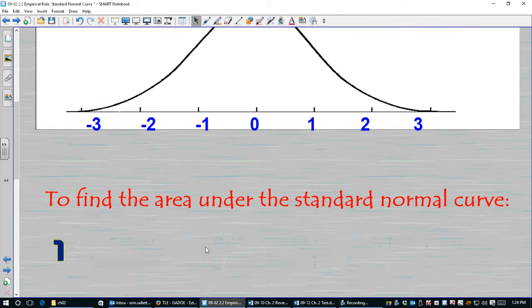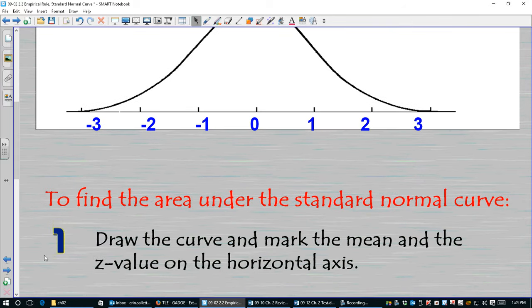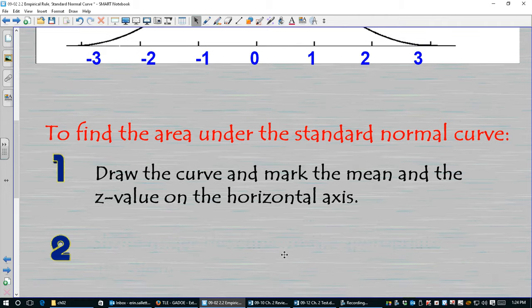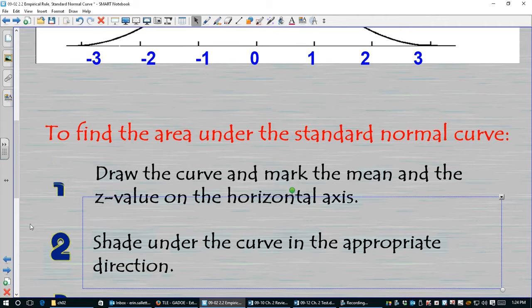Here's what we do beyond that. When we draw our curve, we mark the mean, and we're going to mark that x value on the horizontal axis, wherever that is. And we calculate the z-score of that value. We're going to shade whichever direction that we are looking for.